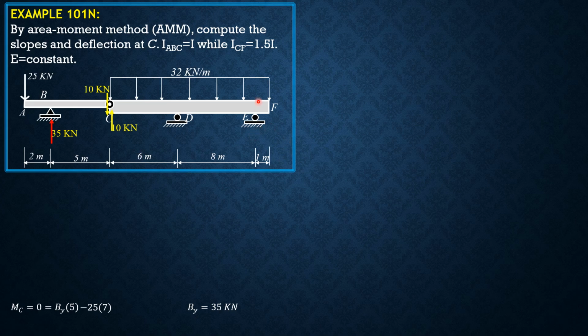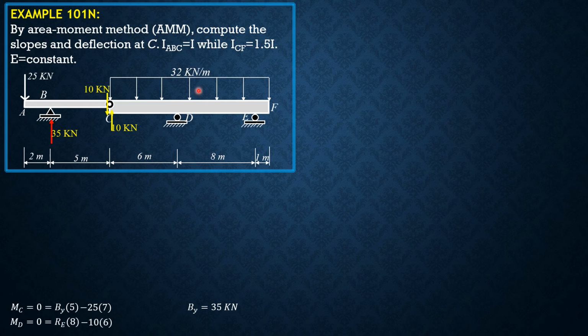Then let's solve for reaction at E. So summation moment D equals 0, counterclockwise positive. So moment about D equals 0 equals RE times 8, then minus 10 times 6, then minus 32 times 15.